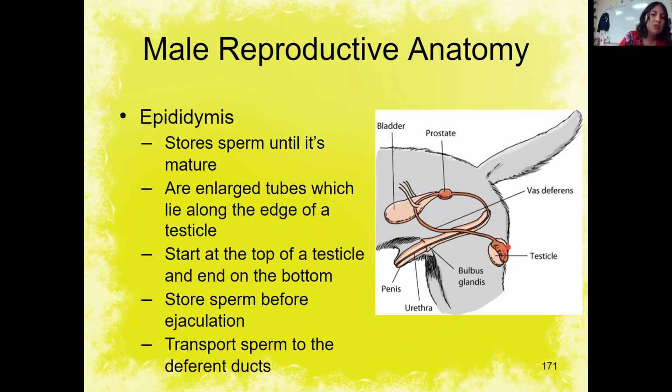That is just about what the epididymis looks like. Epididymis are just tubes that live right along the edge of the testicle. And its job is to store the sperm before ejaculation, or to just keep the sperm there while the animal is going through sexual maturity.